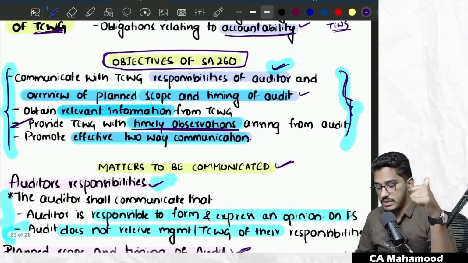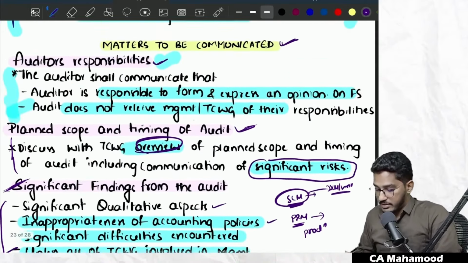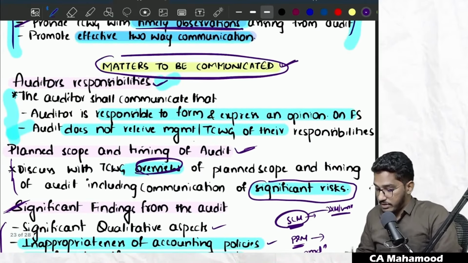Which means if you are conducting audit of an unlisted entity, communicating the above matters will be enough. But if you are conducting audit of a listed entity, the above matters plus independence requirements also you are required to communicate.